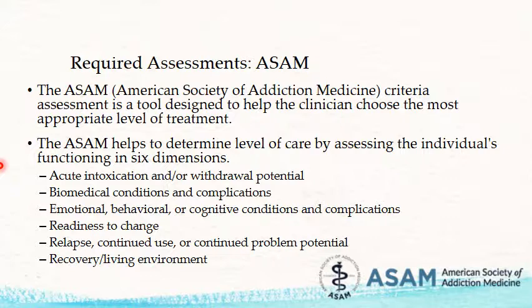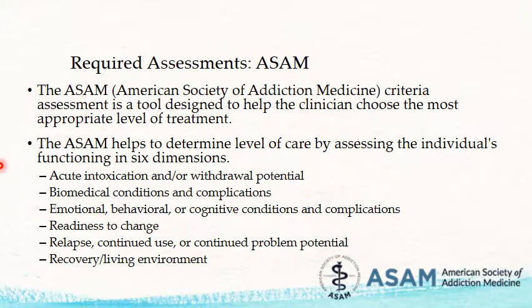Readiness to change, we're looking at how much they have accepted that they do have a problem, if they're willing to work through a treatment program. Relapse, continued use, or continued problem potential. We're just looking at, are they frequently relapsing? Are they at high risk for relapse? Or are they continuing to use even though they're in a treatment program?